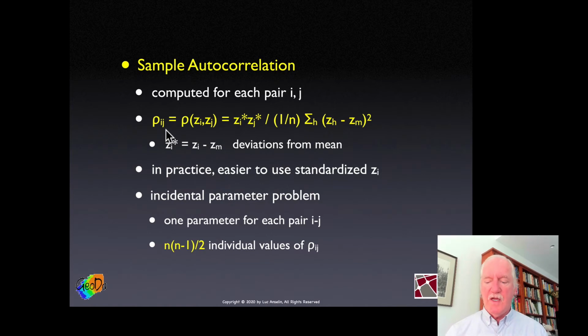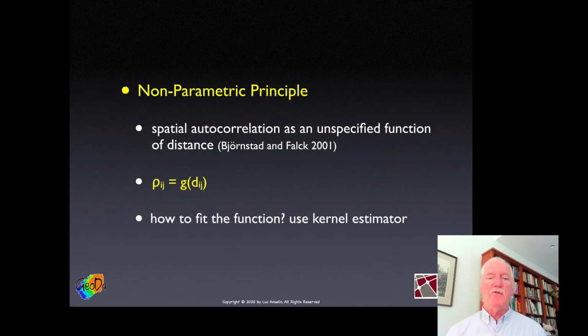What we do instead is take a non-parametric approach and express that autocorrelation coefficient as an unspecified function of distance. More formally, the autocorrelation between locations i and j is some unspecified function g of the distance between i and j. We're basically going to throw all these points in a graph where we have the cross product on the y-axis and the distance on the x-axis, and fit a curve through it.